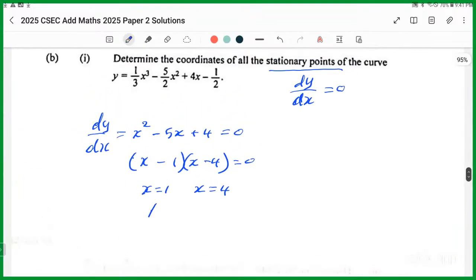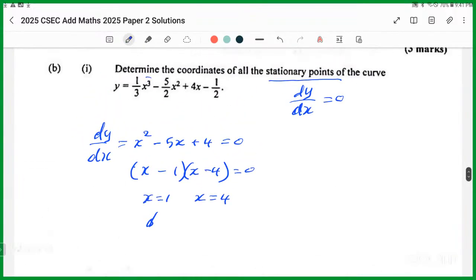When I put 1 in here, here and here, I get y equals a third minus 5 over 2 plus 4 minus half.